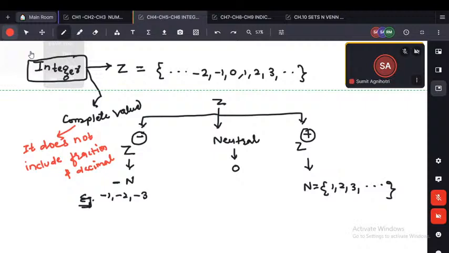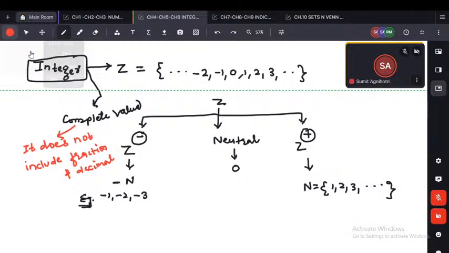Fractions are not included in integers, decimal values are not included in integers. Then the question arises, where do we include them? Natural numbers, whole numbers and integers will not include fractions. But the gap you see here will represent all p by q forms, and that's why rational numbers will include even decimals and fractions.